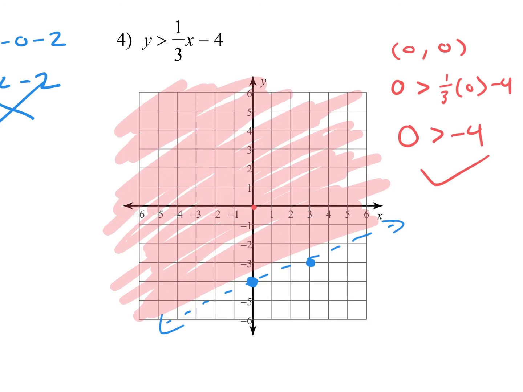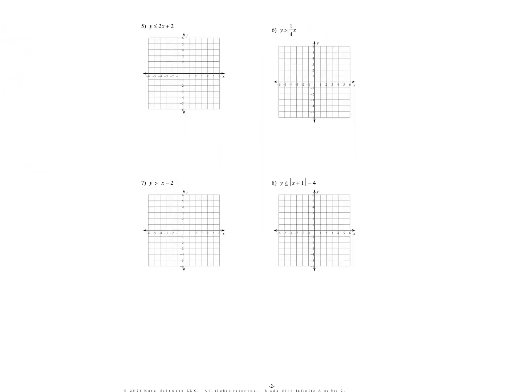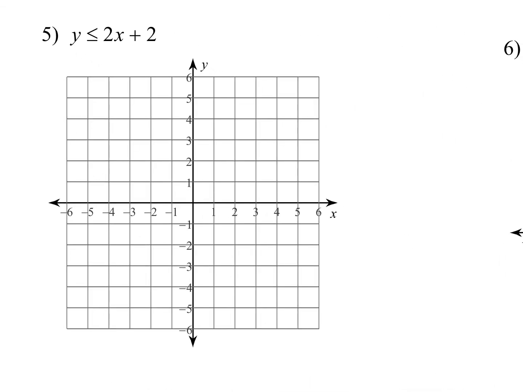Any questions here? All right, next page. What's my y-intercept? 2. So put a point at 2. What's my slope? 2 over 1. So I go up 2 to the right 2. Solid line or dotted line? Solid.